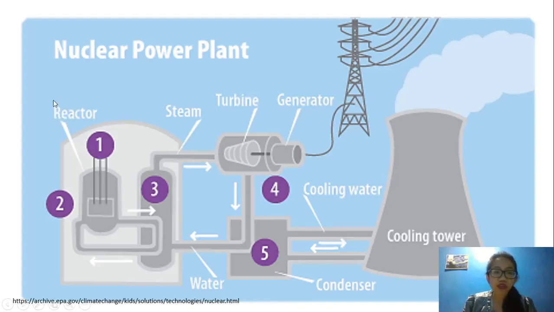Now you have your reactor, which is the heart of your nuclear power plant, and this is where the fusion or fission happens. As I said, the fission or fusion produces a lot of heat, and you have to control that. You're going to cool it, use water to cool it, and in the process, you also produce steam.